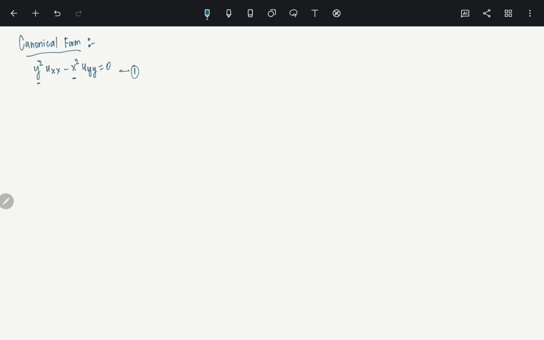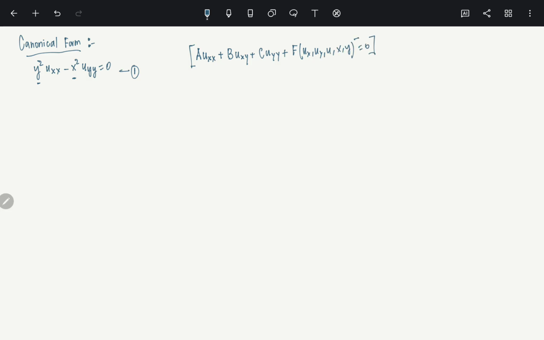So first of all we have to identify what sort of equation this is. If you remember our original equation which we were starting out with, it looks like this: a u_xx plus b u_xy plus c u_yy, plus some lower order terms, some function of u_x, u_y, u, x and y, equals to 0.